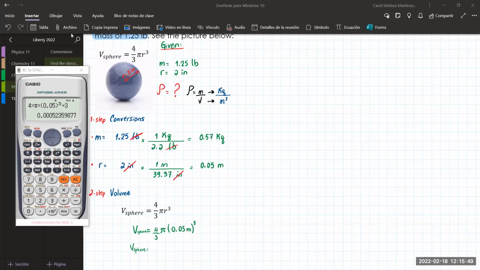So the volume of a sphere gives us 0.05... It gives me the same as you, but without the first zero, the other zeros don't appear. Let's see. 0.05 raised to the third power times pi times 4 divided by 3.